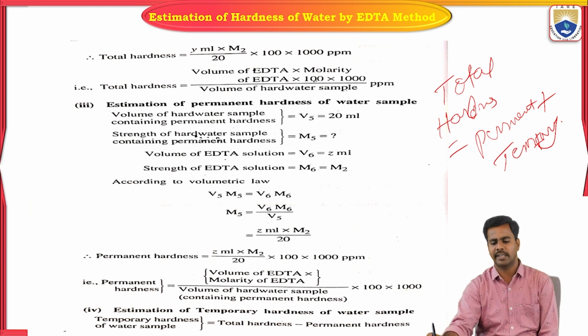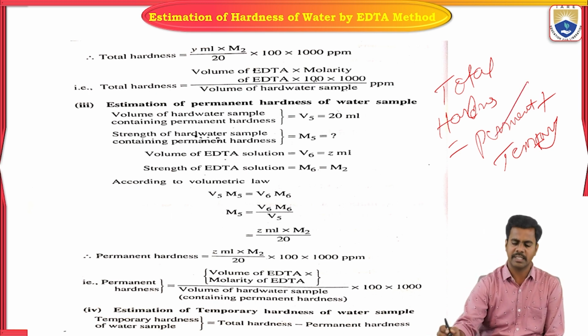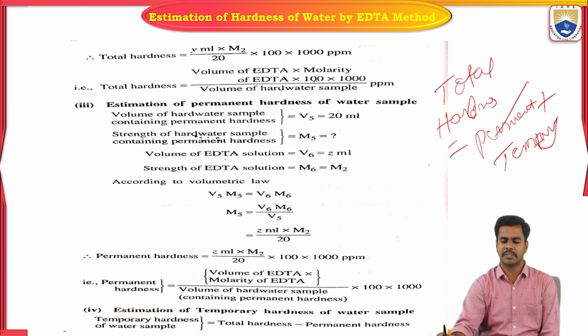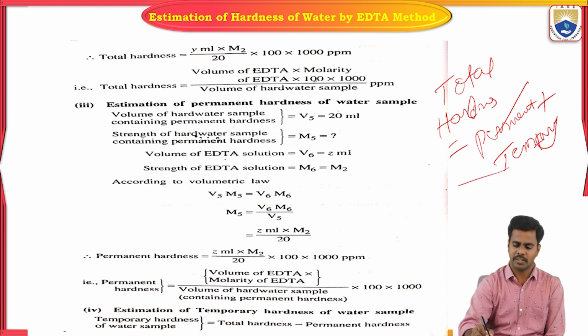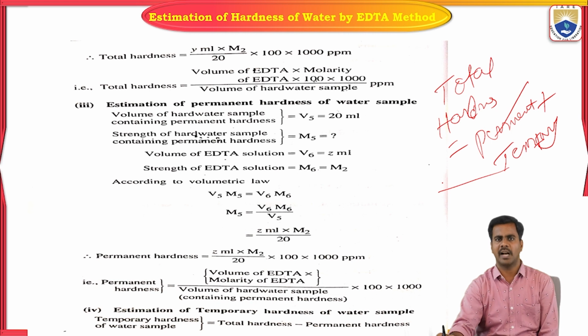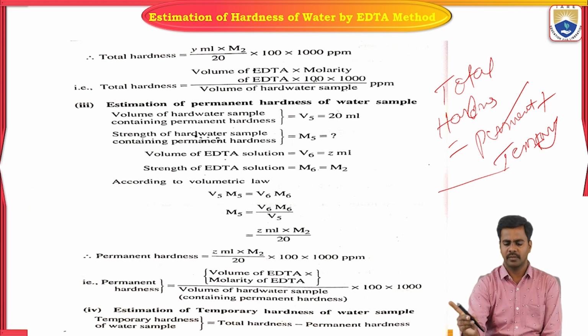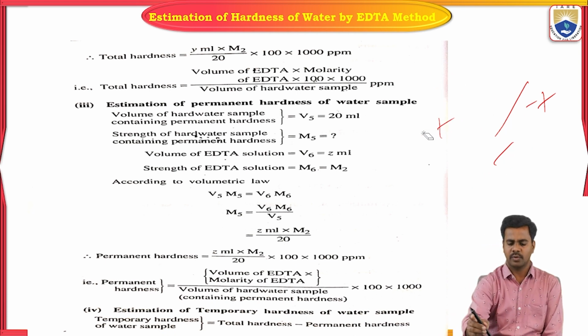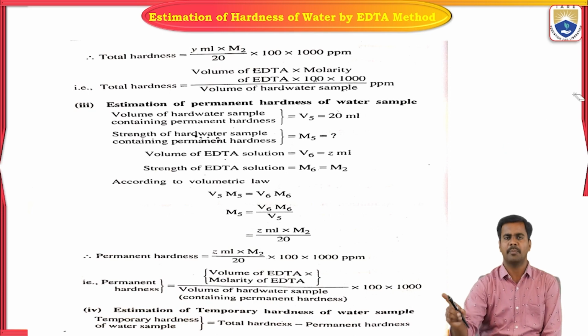We know which type of salts cause permanent hardness and which type of salts cause temporary hardness. So after estimation of total hardness, we can estimate the permanent hardness of water. Let us see how we can estimate it.